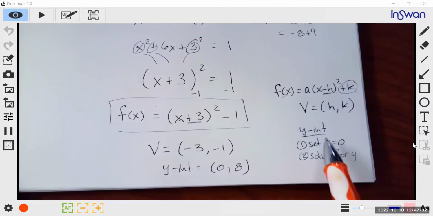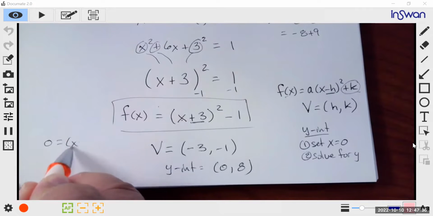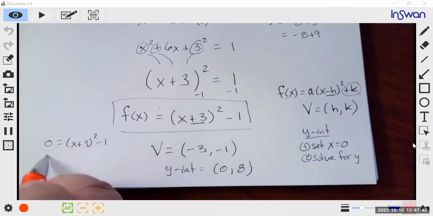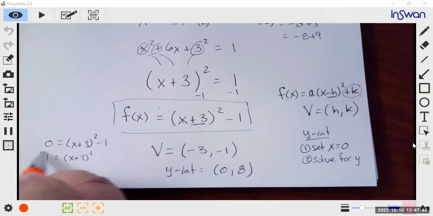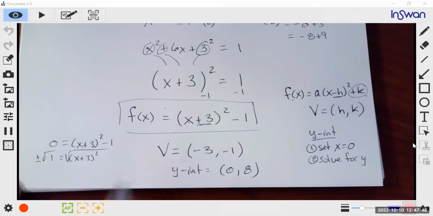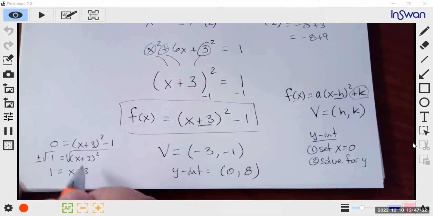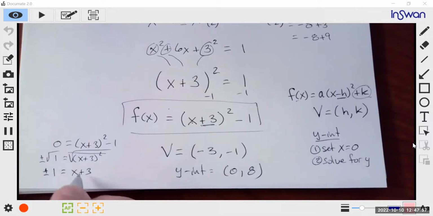To find the x-intercept, you set y equal to 0, because you have to move the 1 over. Then square root both sides, plus or minus. So plus or minus 1 equals x plus 3.